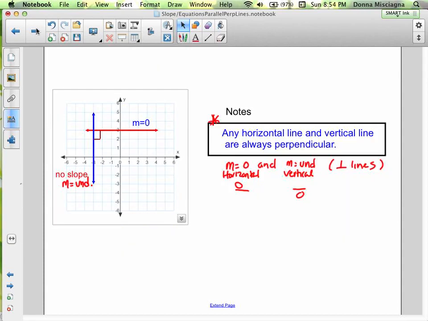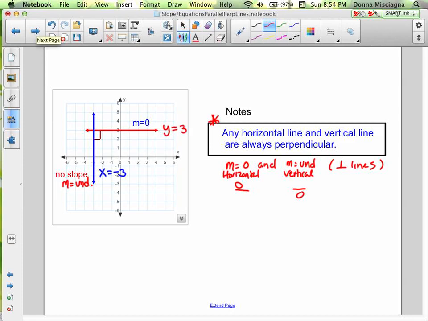This is not in your notes, but find a little space and write it in. Here we have a vertical line and a horizontal line. The equation of the vertical line is x equals -3, because it has an x-intercept of -3. The equation of the horizontal line is y equals 3, because it has a y-intercept of 3.